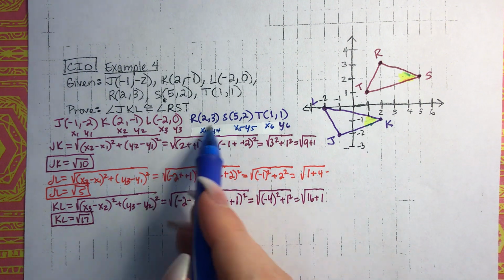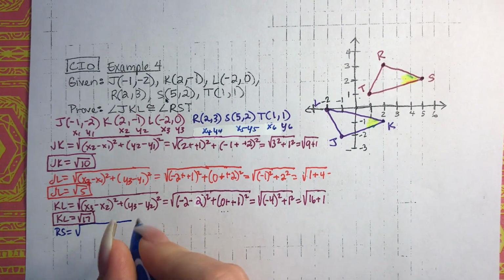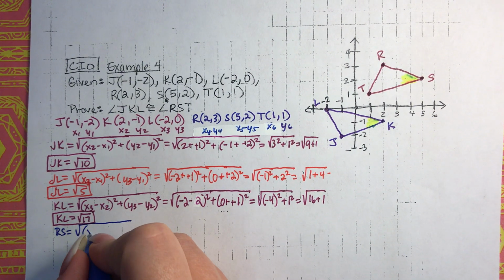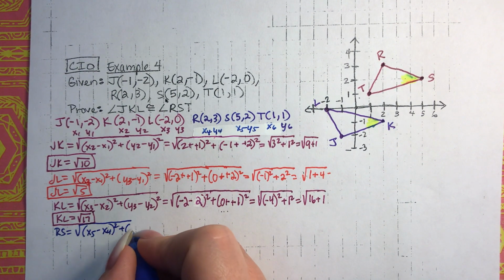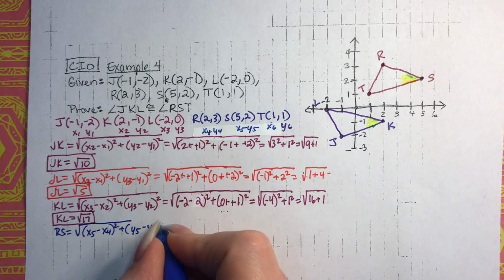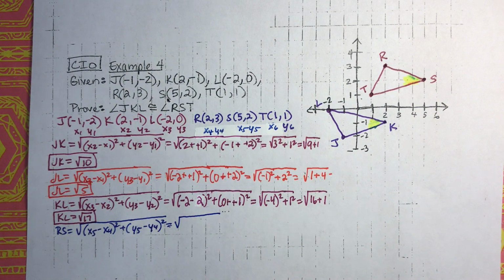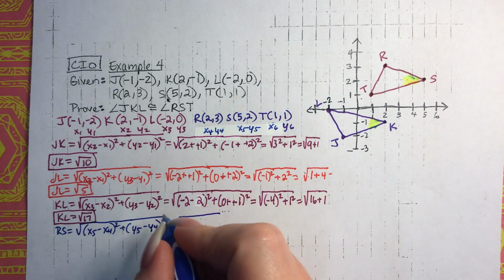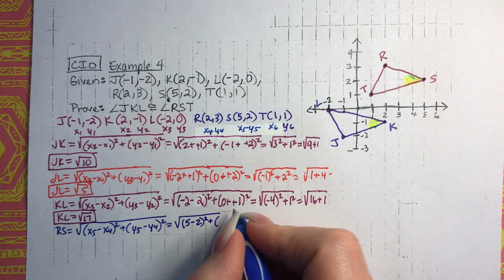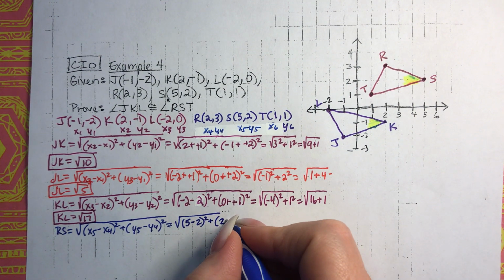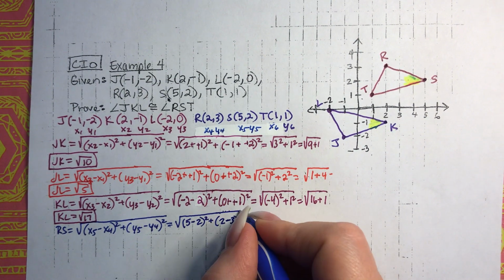Okay? So let's start with RS. That's the square root of x5 minus x4 squared plus y5 minus y4 squared. Then we substitute. Hopefully I do this correctly. That's going to be 5 minus 2 squared plus 2 minus 3 squared.